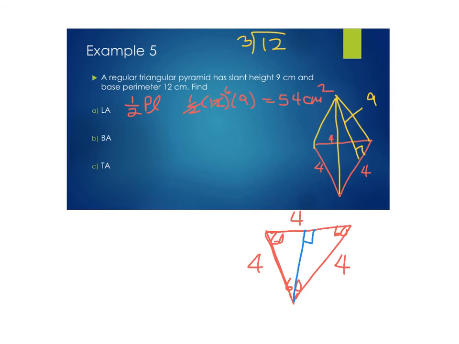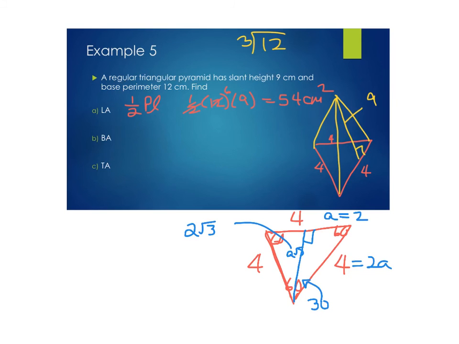And I know that this angle up here now is going to be 30 degrees. So I know that opposite 30 is A, opposite 60 is A root 3, and then this is my 2A. So if this is 2A, then I know A is 2, and I know my A root 3 is 2 root 3.